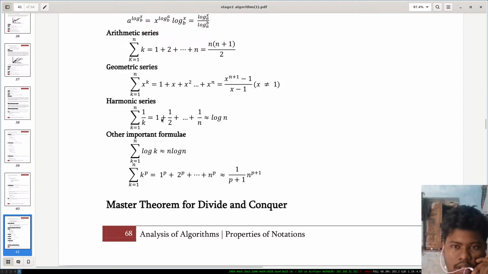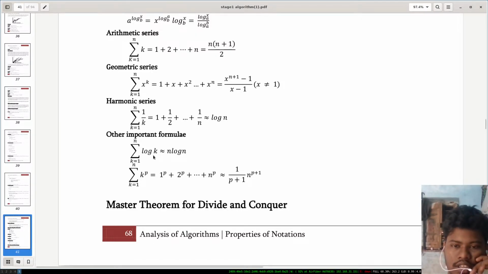Harmonic series is sum of n terms from 1. Sum of 1 by k is equals to 1, then 1 by 2, then 1 by 3, then 1 by 4, up to 1 by n. So we got log n here. Alright.